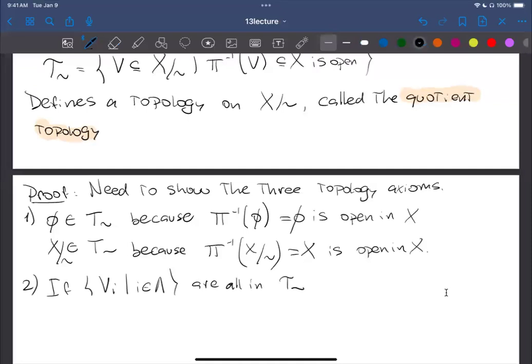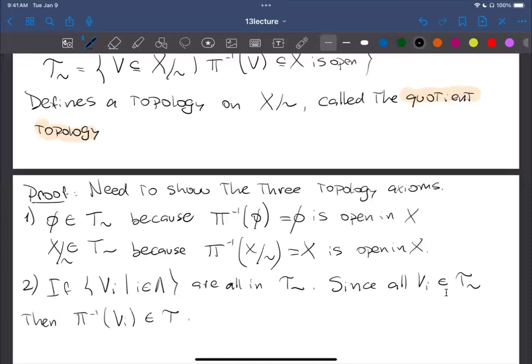So how do we show that? Well, we need to compute the preimage under pi, sorry. So let's say that since all the V_i's are in T tilde, then what that means is, by definition of T tilde, the preimage is an element in T, is open in X.